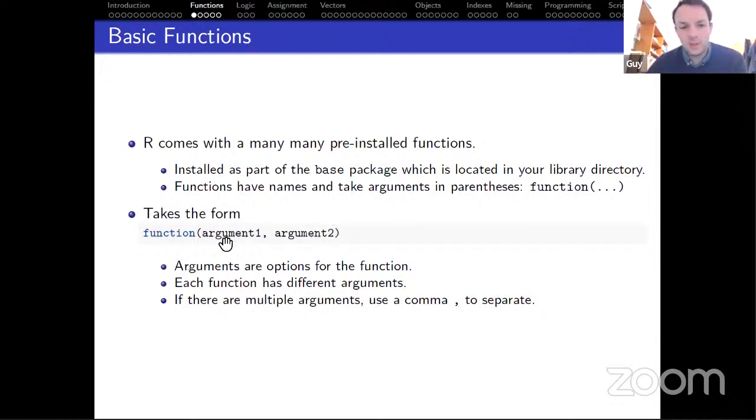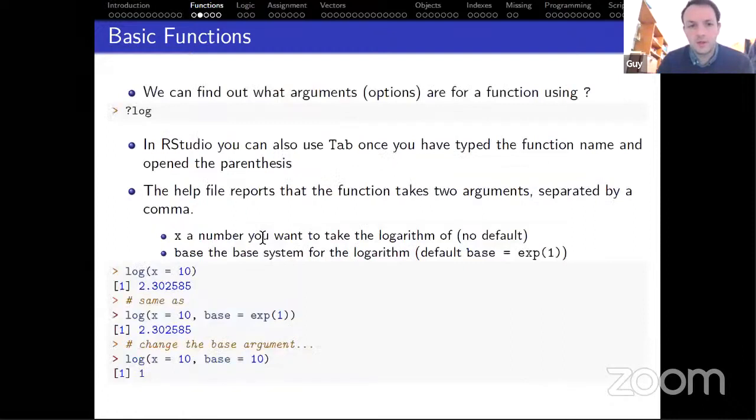The arguments you can think of as options or inputs for a function, and each function has different arguments, which we separate using commas. I think in Stata we use spaces, but in R we use commas to separate the different arguments. And just like we talked about before, we can find out these different arguments using the help file, which we can look up using the question mark.